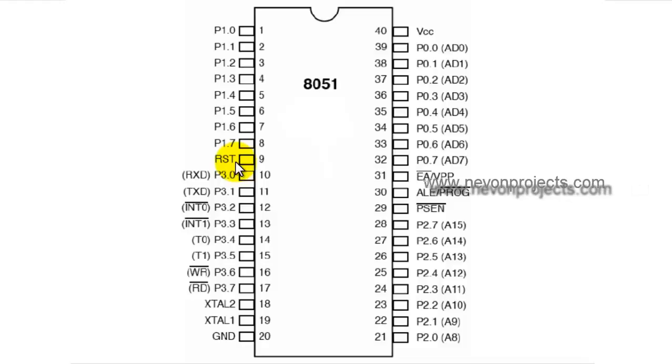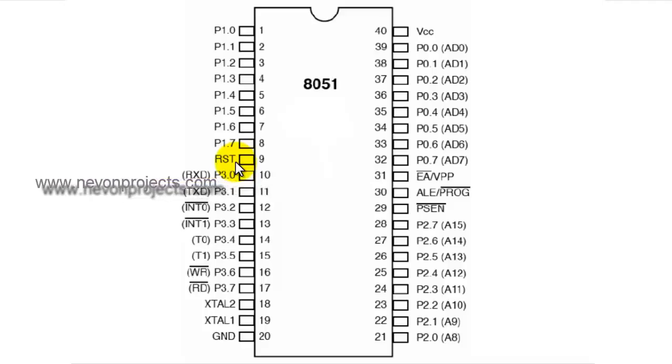So whenever a low pulse is given, the interrupt is generated. Similarly, on INT1, when a low pulse is given, an interrupt is generated. The interrupt can be low level, or it can even be edge driven depending upon how the internal registers are configured.